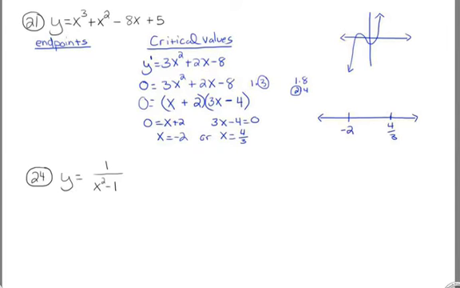So all I need to do is pick a value in these regions. So if I pick a value between negative 2 and 4/3, and again this is a sign chart for the derivative, 0 gets plugged into my derivative and I get negative 8. So I know that it's negative. I plug in a number bigger than 4/3, and you can plug in a number like 2 or 3, or you could plug in anything like a billion.